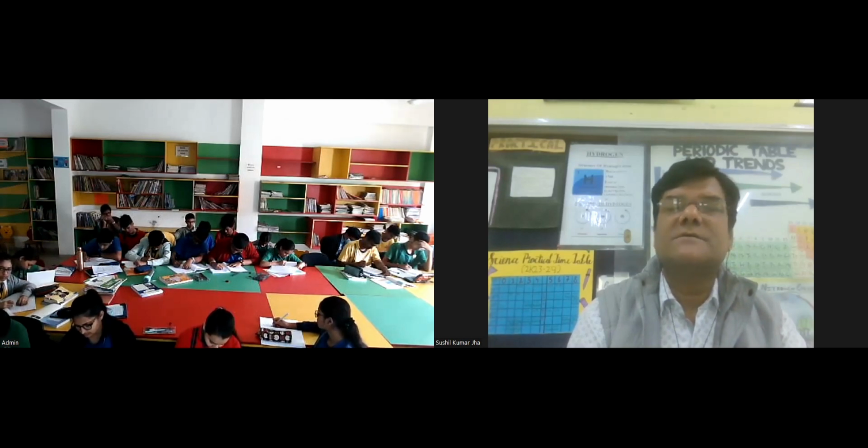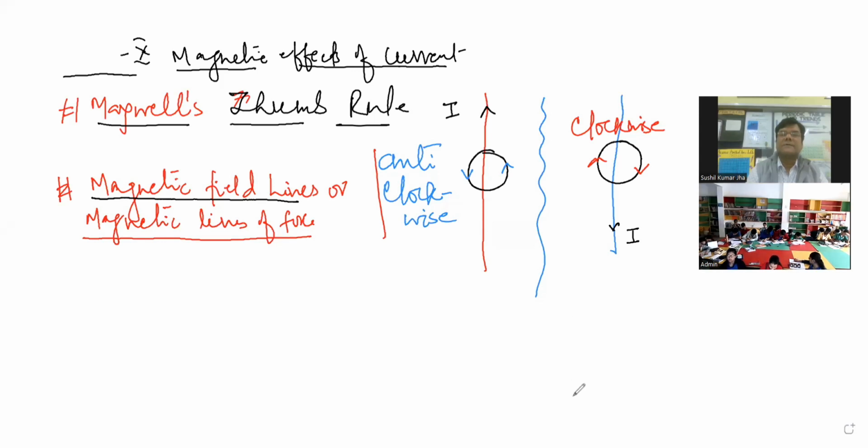The imaginary lines which are used to depict the magnetic field around a magnet are called magnetic field lines.